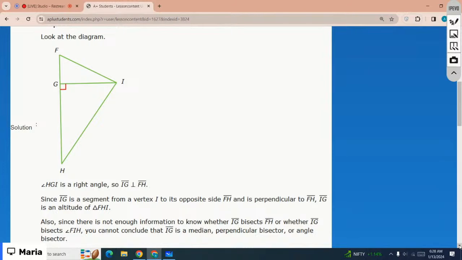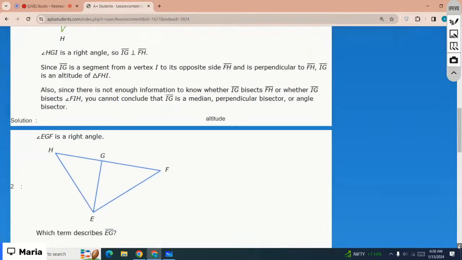So if IG is just perpendicular on the opposite line segment, that means that is the altitude of the triangle, right? Got it?